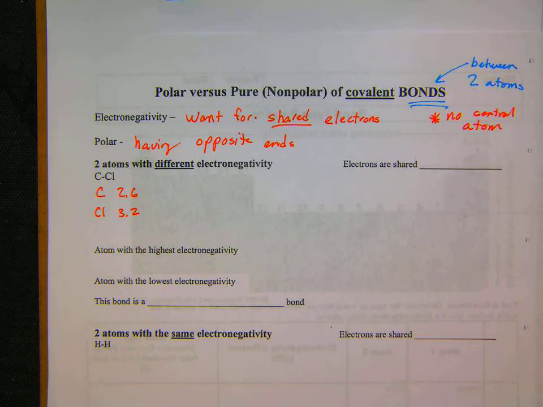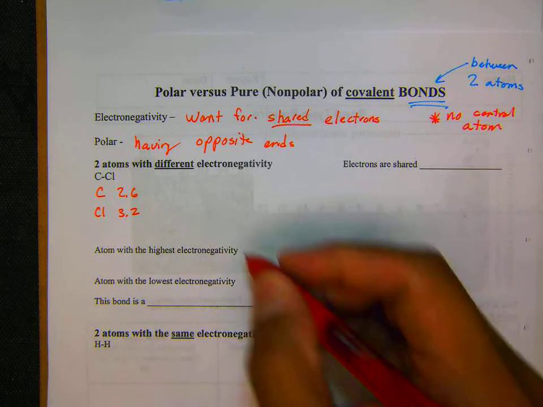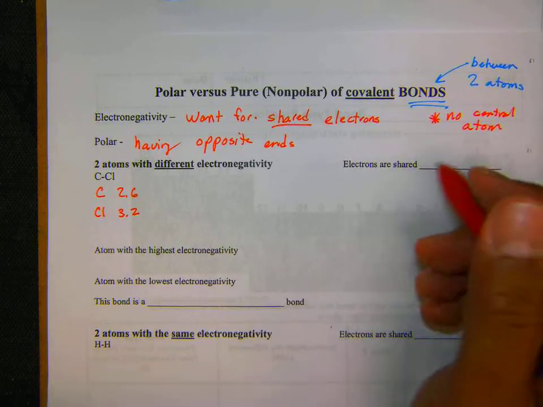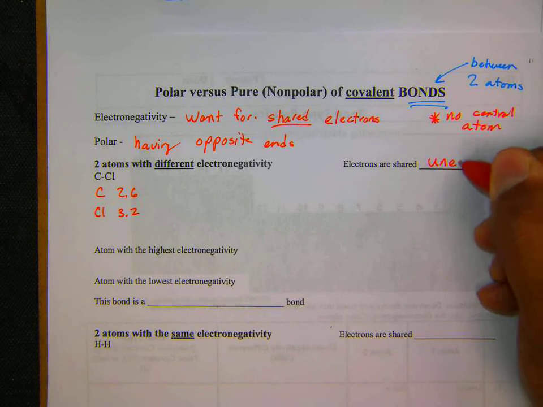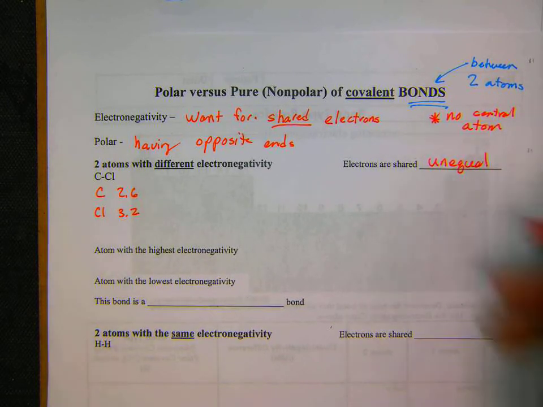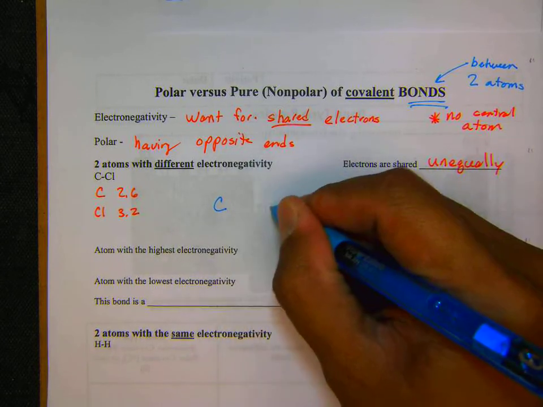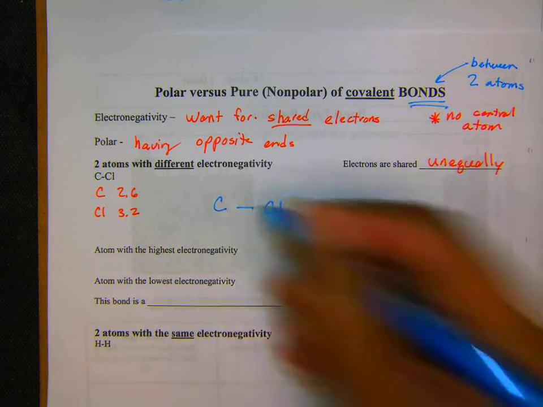And so think of it as a tug of war. We've got chlorine and carbon both pulling on the electron, and the electron is going to be more towards chlorine. Do you think these electrons are going to be shared equally or unequally? This is going to be an unequal sharing. So carbon and chlorine, here's their bond.